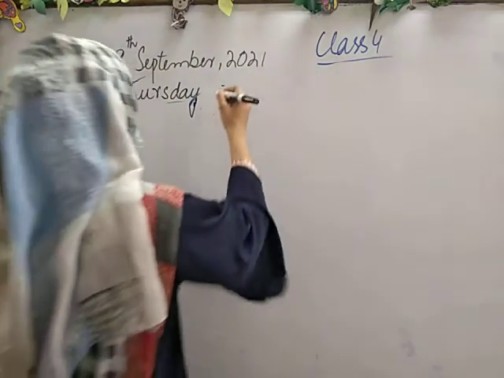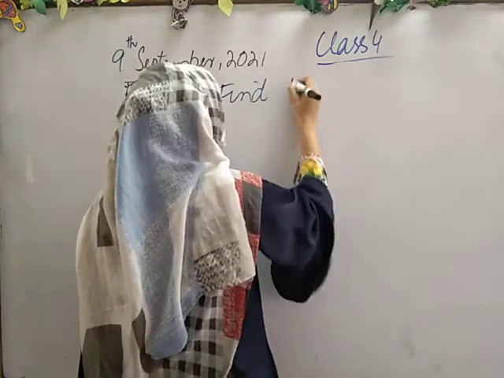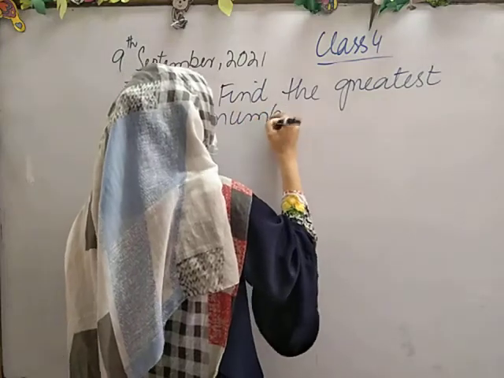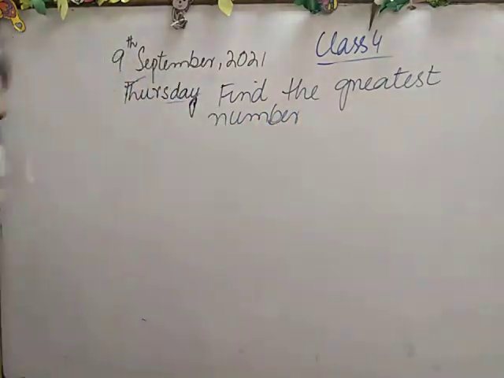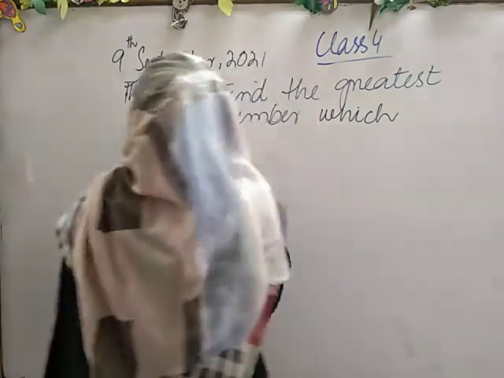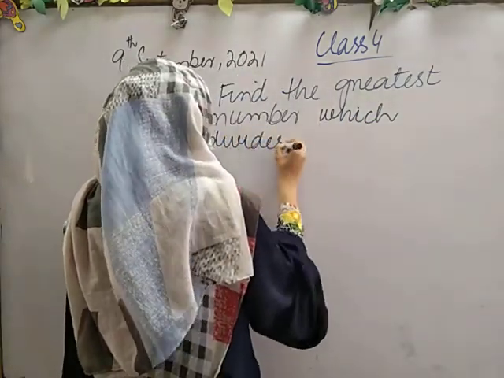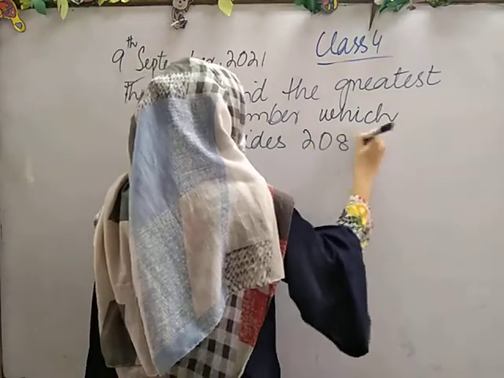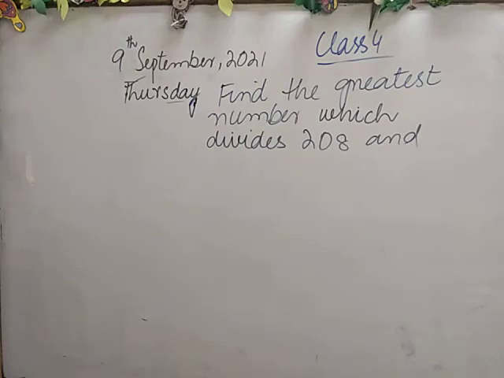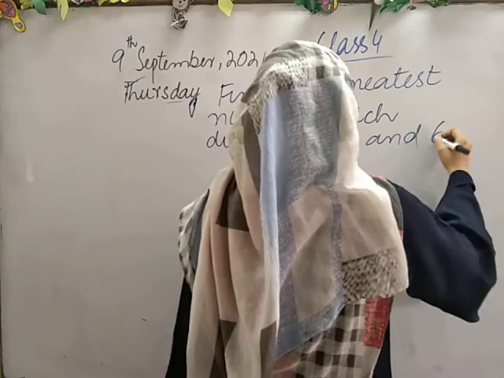Find the greatest number which divides 208 and 64.